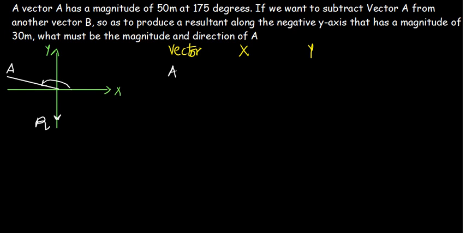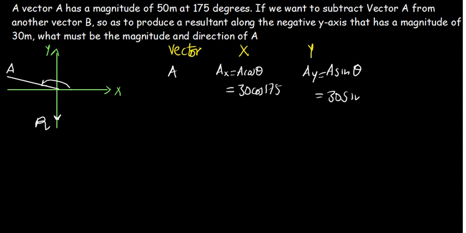The x component of vector A is given as ax equals A cos theta. The y component, ay, is A sin theta. Now the x component has a magnitude of 30 cos of the angle measured anti-clockwise from the positive x-axis to where the vector is, that is 175. Same here, 30 sin 175.